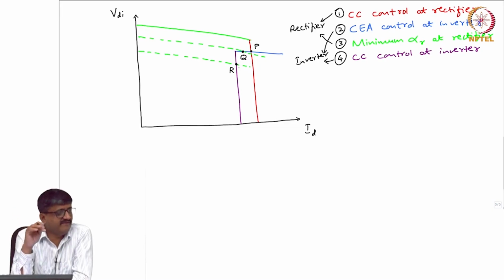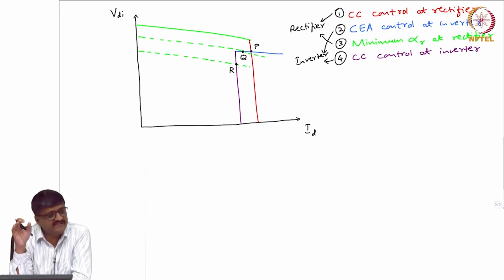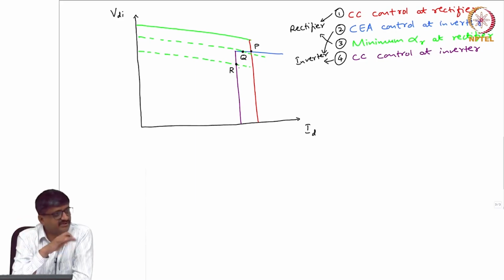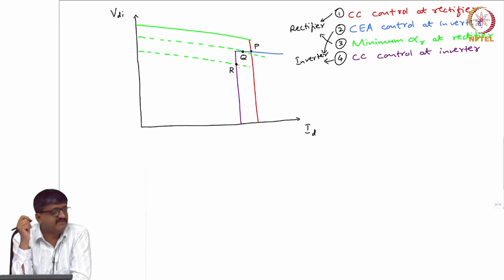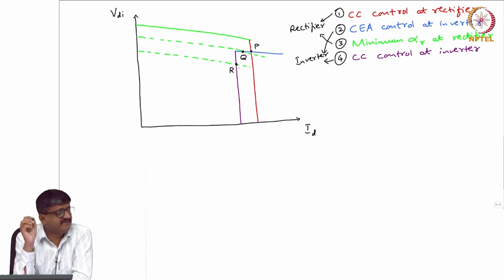So it is the minimum alpha R characteristic of the rectifier and the CEA characteristic of the inverter. Then if there is further reduction in the voltage, the green curve goes further down, then R is the point of operation, which is the point of intersection of minimum alpha R and constant current of the inverter.